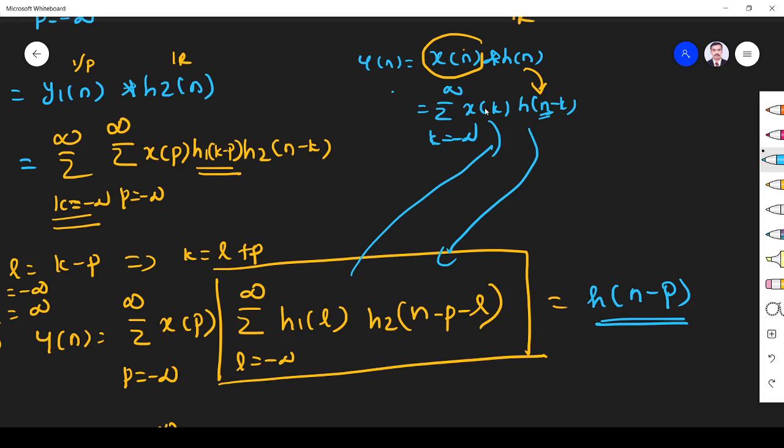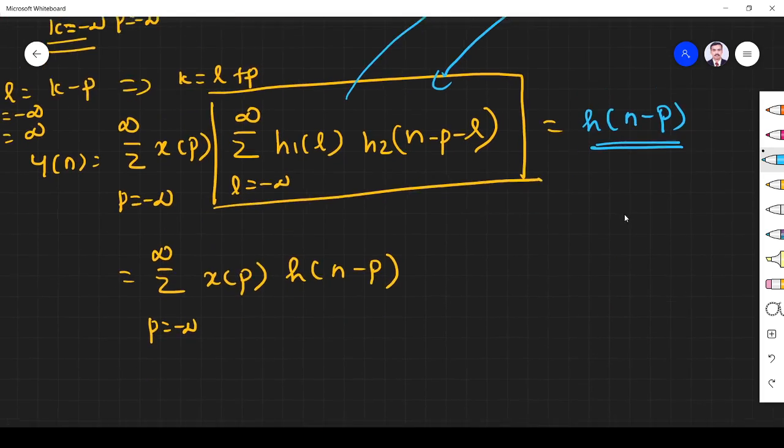Instead of k, here we have l. So it is like h1 of l, h2 of n minus p minus l. So here n means y of n, here n minus p, so it is h of n minus p. Why am I not writing y of n? Y of n is a convolution between input and impulse response. It is like a convolution between two impulse responses, h1 and h2, so I write h of n minus p.